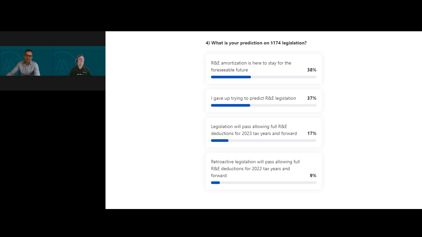I wanted to touch on this if we have some time at the very end, but I do understand the view of the first one. It's here to stay for the foreseeable future, and we could talk about those different scenarios if we've got time at the end. It's interesting because I think 37% or 38% saying it's here for the foreseeable future, if we did this a year ago, it would have been a lot lower, but it's interesting to see how we've evolved over the last year.